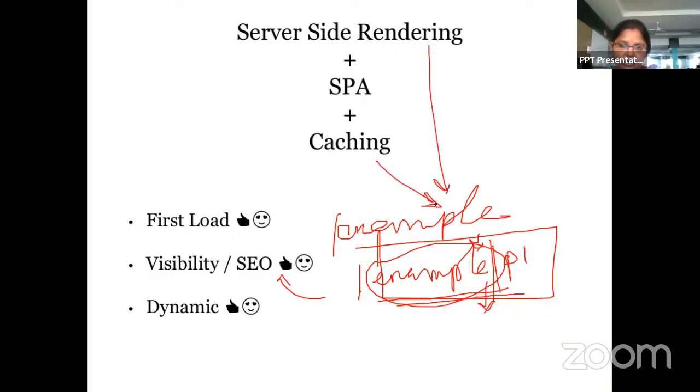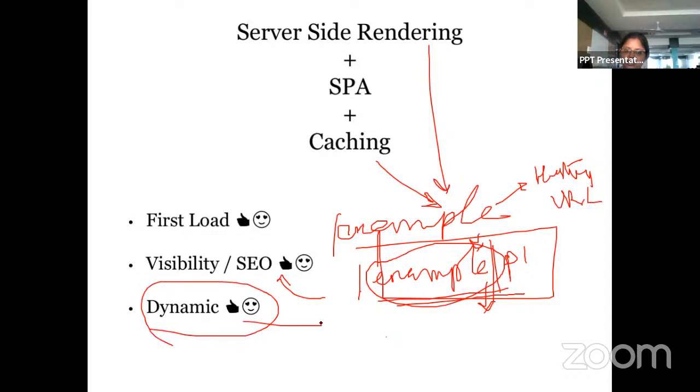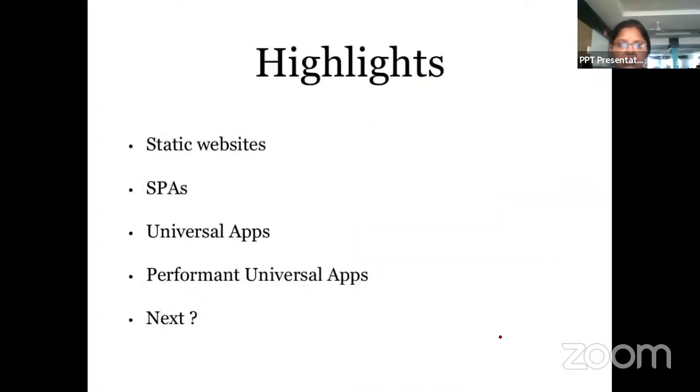This is also with the help of cache, because it has the history of all the URLs which you are using. So this way it will help. And of course dynamic, because whatever the changes are happening are instant, and you are able to see them entirely within 20 milliseconds. So these are the highlights.